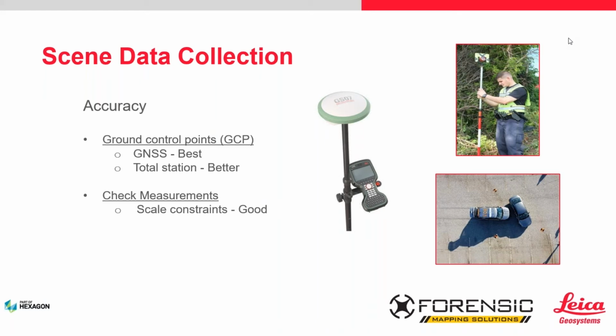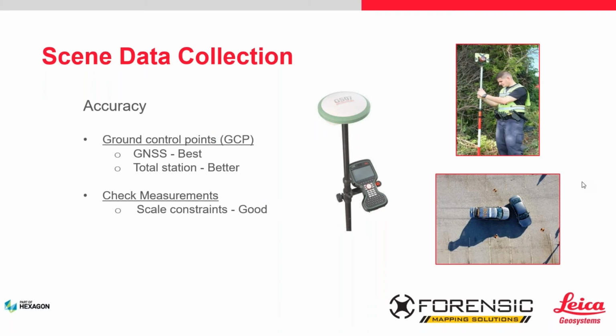So the theory is that those targets are in your software. We would then upload a data file to Pix4D with our ground control point measurements, or coordinates is a better word. And then we would identify those targets and pick them in the software, and then Pix4D would run from there. And honestly, that's really the only manual thing that you're going to do in Pix4D, is mark your ground control points.